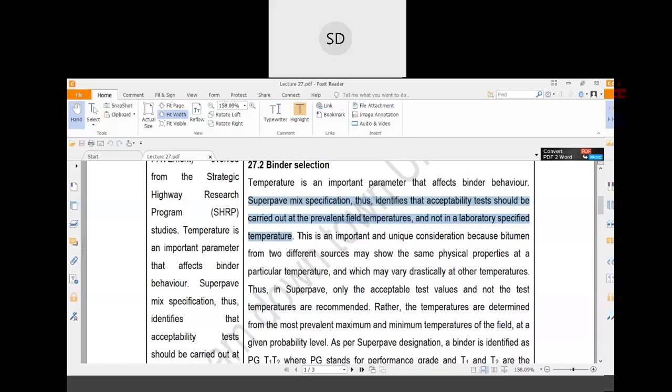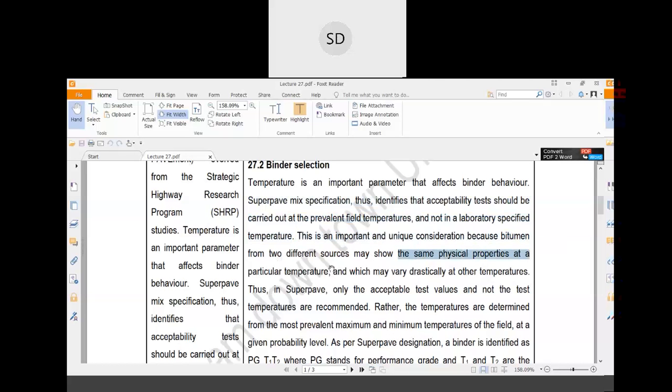Now this is an important and unique consideration because bitumen from two different sources may show the same physical properties at a particular temperature, but can show different properties at different temperatures.